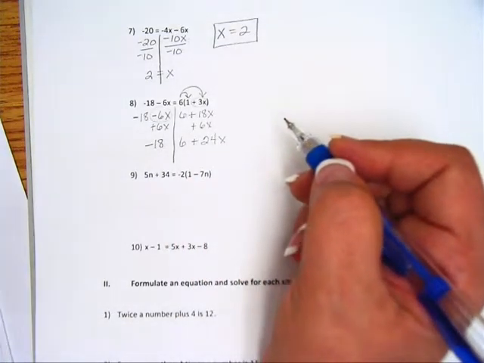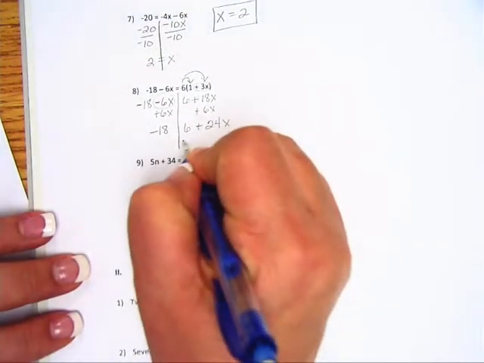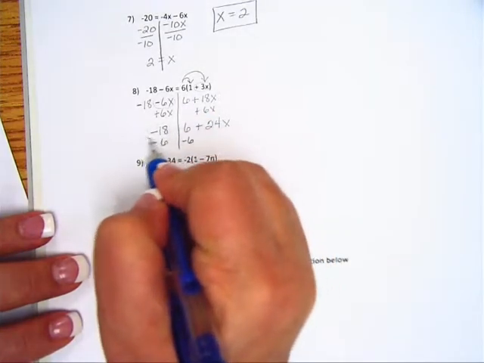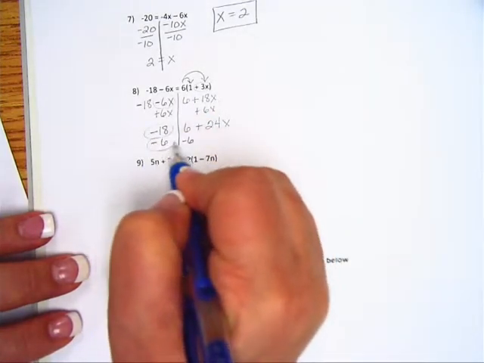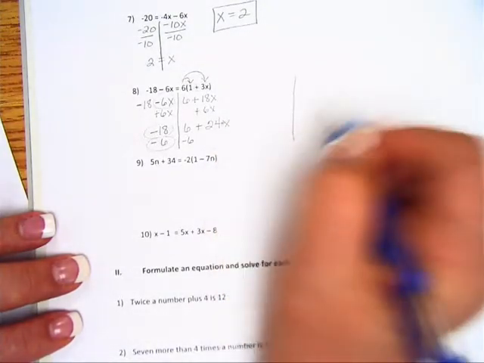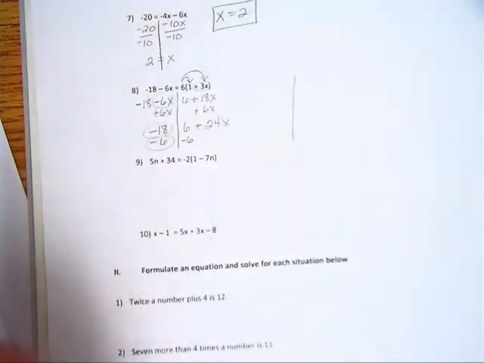Now I have a two-step equation. All I need to do is subtract 6, subtract 6. A negative 18 combined with a negative 6. When I add those, I get, I'm going to come over here so I have more room. I get negative 24. Get my pencil going again.